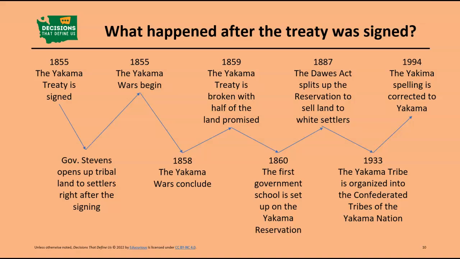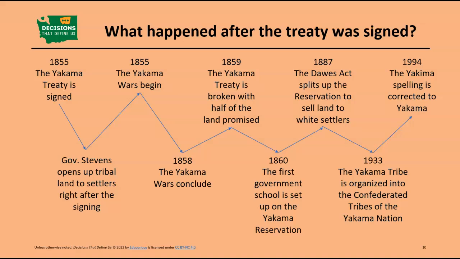Okay. So these go on for a few years, and the wars conclude in 1858. Okay. Tribe is pushed on to a reservation, and then they're penalized by having the treaty broken, and half of the land that was originally promised is given away.